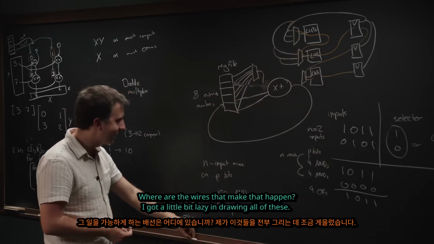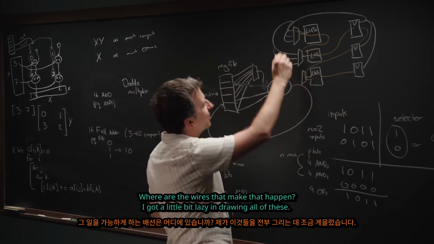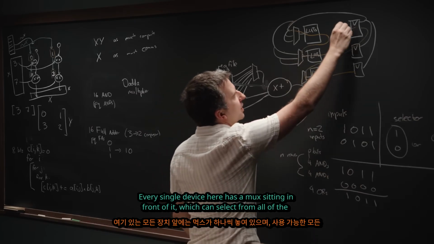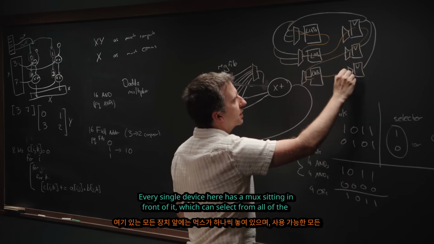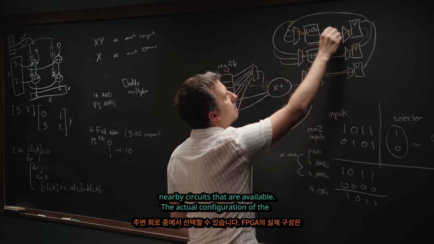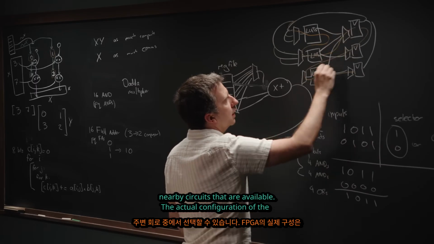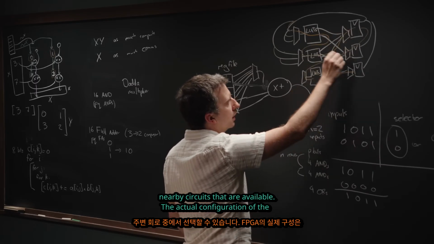Yeah, I got a little bit lazy in drawing all of these. Every single device here has a mux sitting in front of it, which can select from all of the nearby circuits that are available.